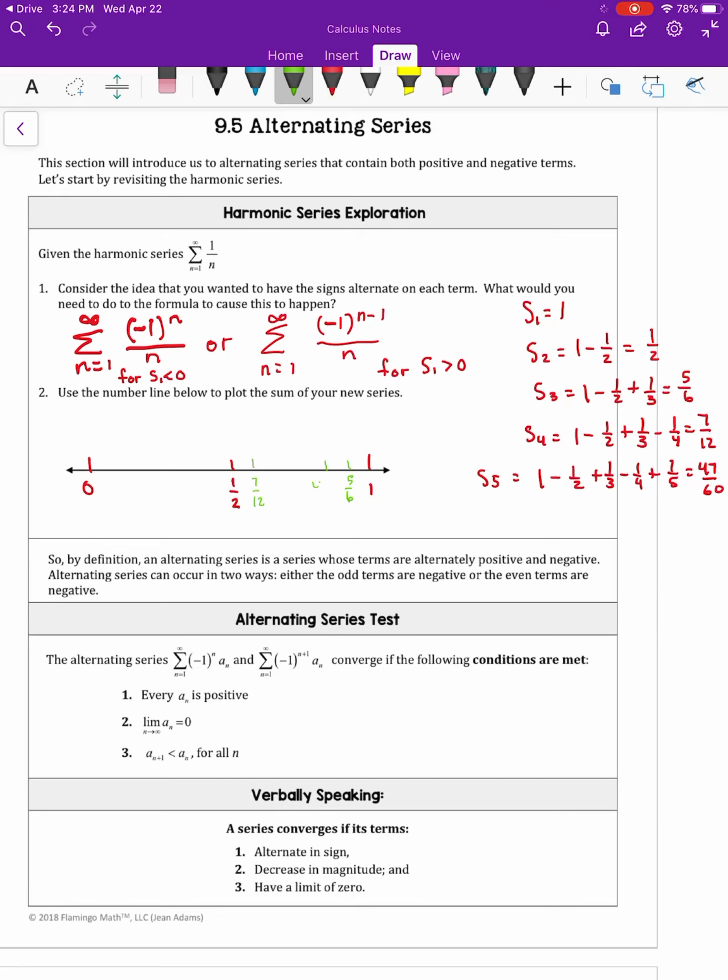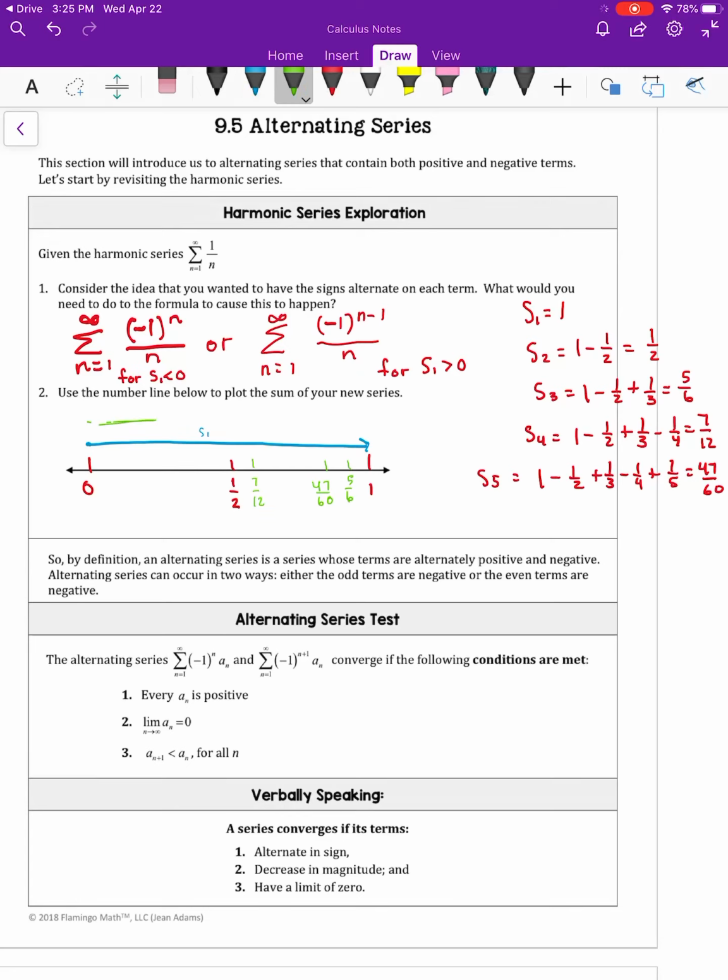Well, 6/12 is 1/2, so 7/12 is going to be just a 12th past 1/2. Where would your 47/60 be? That would be about 4.7/6, so it'd be right behind, or to the left of, your 5/6, because 4.7 comes right before 5.